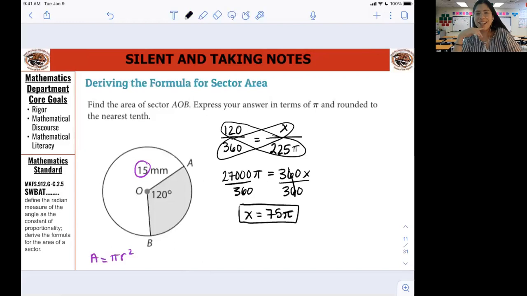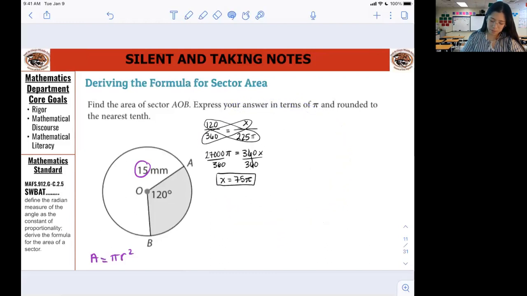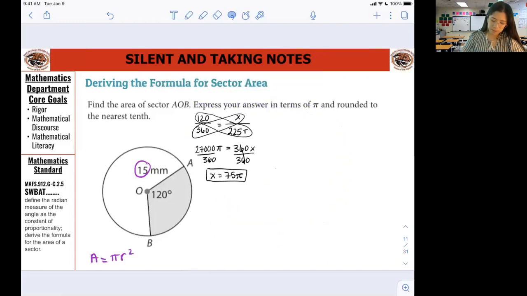But anyway, any questions on how I got my answer for area? Okay, that's proportions. Now let's make it into an equation and into a formula instead. So here's my proportion. I'm gonna move it over, and I'm gonna set it up the same way.